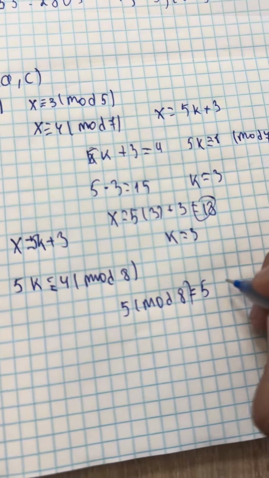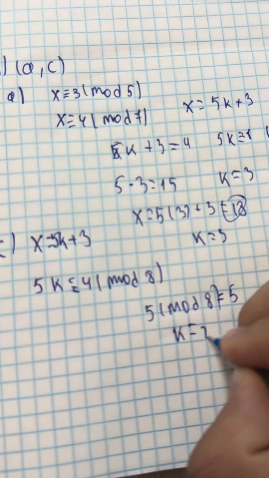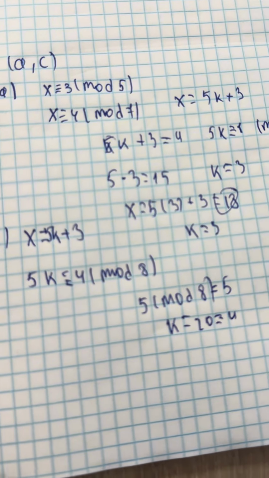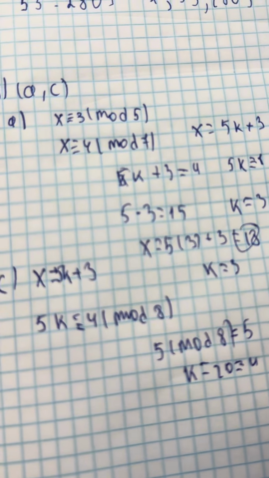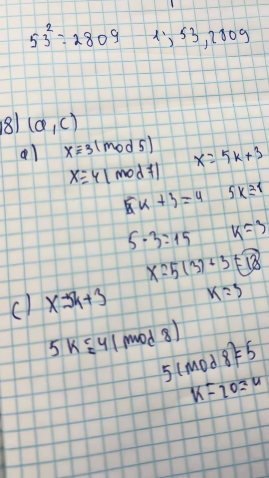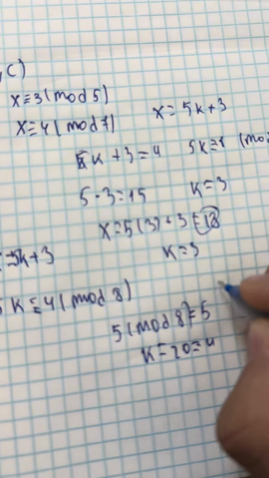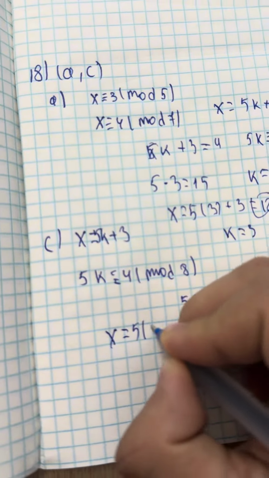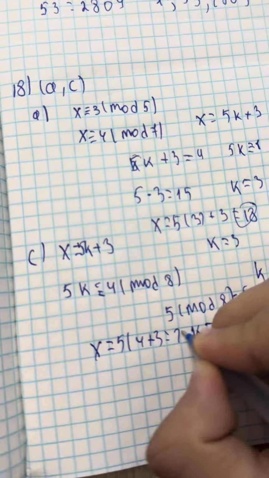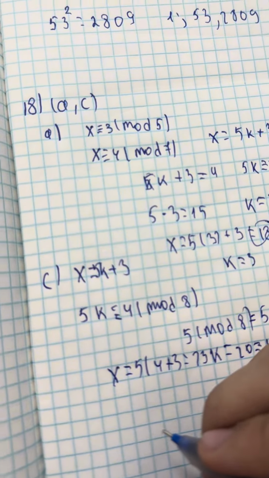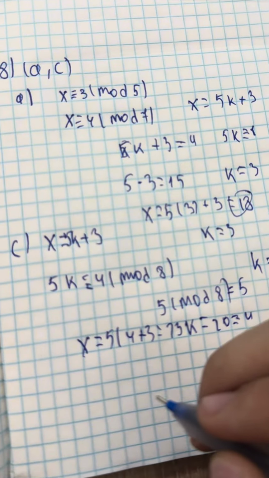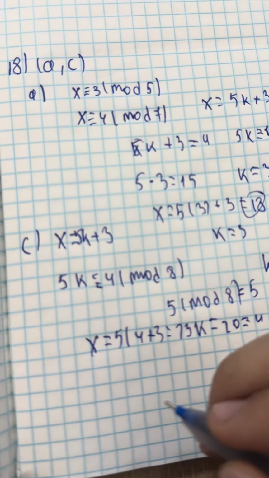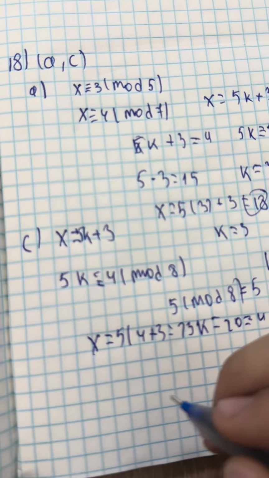Then k is 20 divided by 8, with remainder 4. Since 20 divided by 8 leaves a remainder of 4, then k will equal 4. Substitute k equals 4 back into our expression for x. 5 times 4 is 20, plus 3 gives us 23. That is the smallest solution for this system.